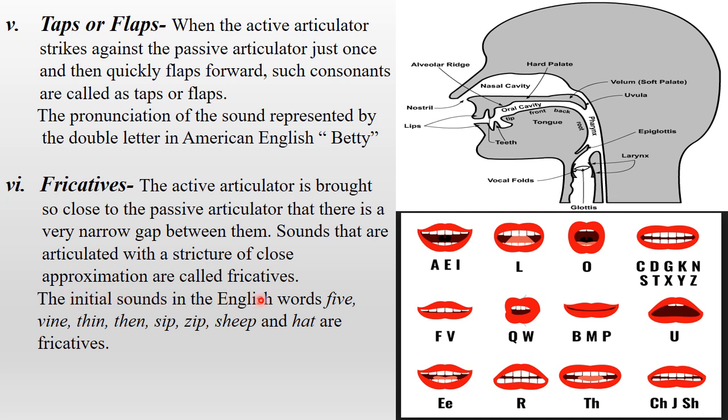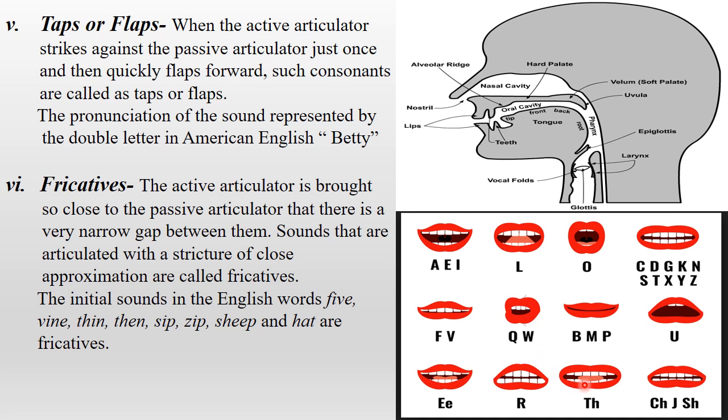The initial sounds in the English words five, wine, thin, then, sip, zip, sheep, hat are fricatives. Here you can see in this image fur, were. The active and passive articulators, that is the teeth or the lips, are in close contact with each other, have come together, and there is a very narrow gap through which the air passes.